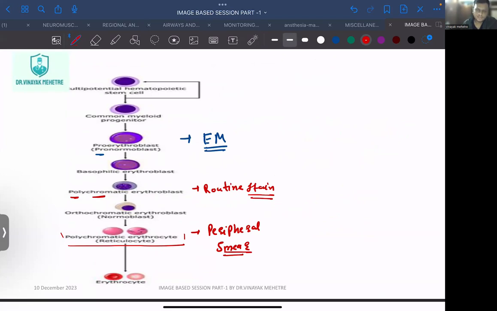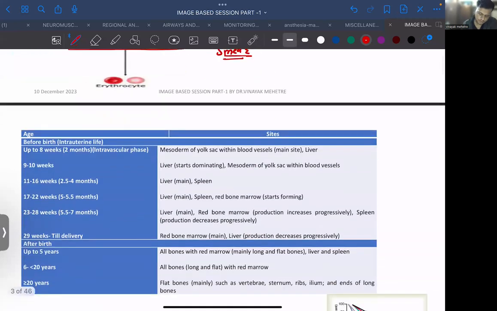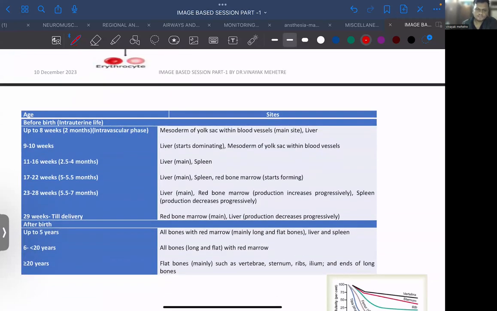Okay, let's go. Where does erythropoiesis start? Where does RBC formation start? Anyone? Bone marrow? Yolk sac. Okay, it starts in the yolk sac. The main site to start the erythropoiesis is yolk sac.